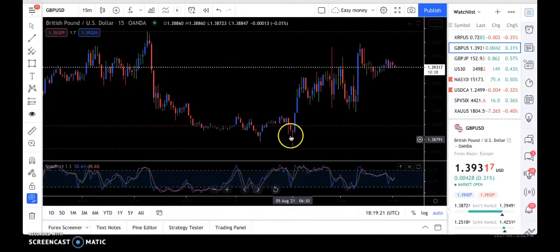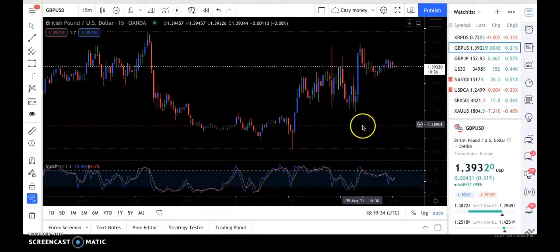We're looking to buy. So it bought all the way up to this level, all the way up to this level. We got another little drop right here, and it bought up again, which is this big blue counter right here.